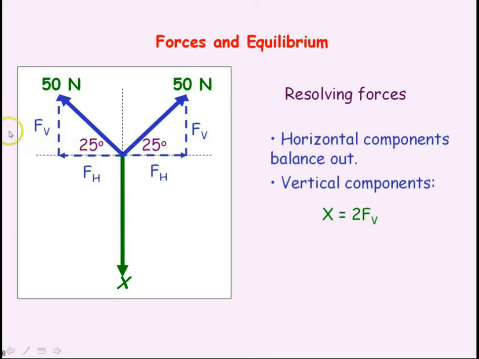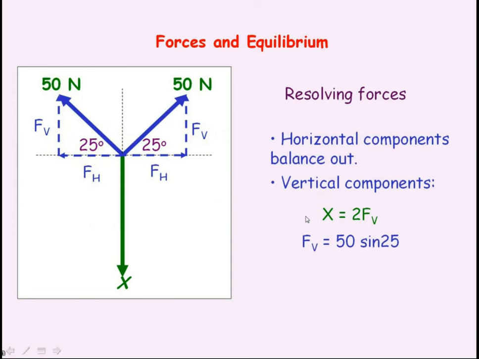To find our vertical components, we can see it is opposite to our angle, and our 50 newtons is representing our hypotenuse. So we've got opposite and hypotenuse, so that means we will use the sine term. So FV will be 50 sin 25. And because there's two of them, if we add them together, that will give us our x.